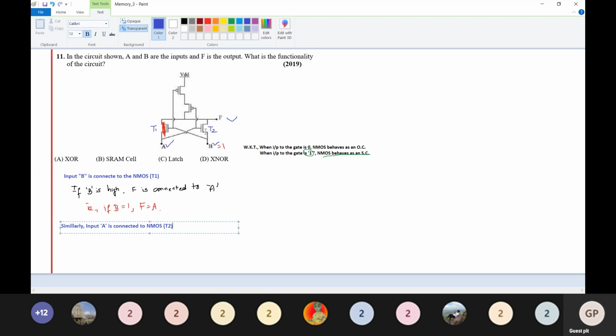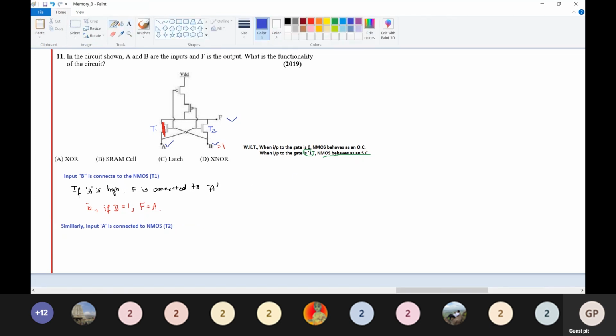So now if A is equal to 1, what will happen? If A is high, this becomes a short circuit, so F is connected to B.